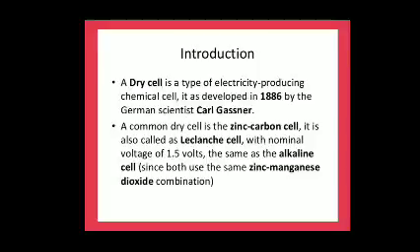A dry cell is one type of electric battery which generates electricity used for the home and electronic devices. A dry cell is an electrochemical cell which converts chemical energy into electrical energy.